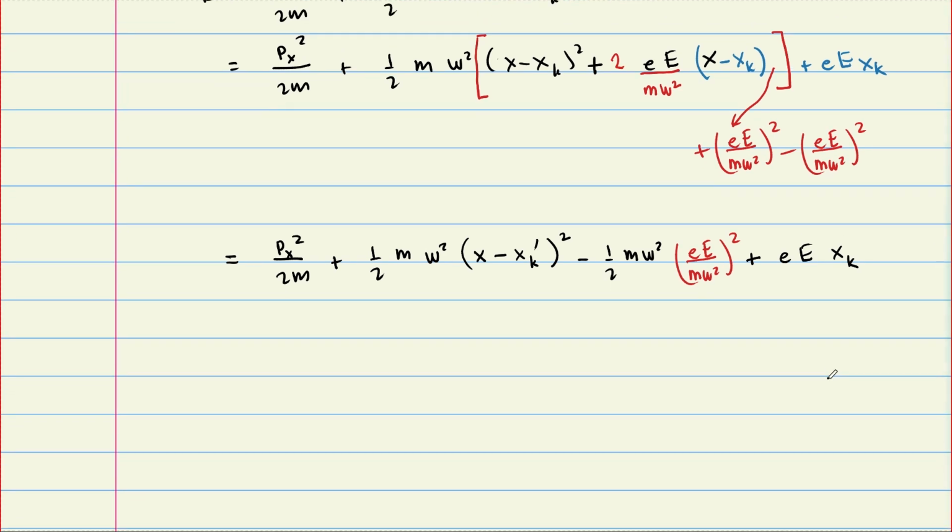And here we can read what xk prime is. xk prime is xk minus this thing, eE over m omega squared. I just shifted xk a little bit. Okay, good.